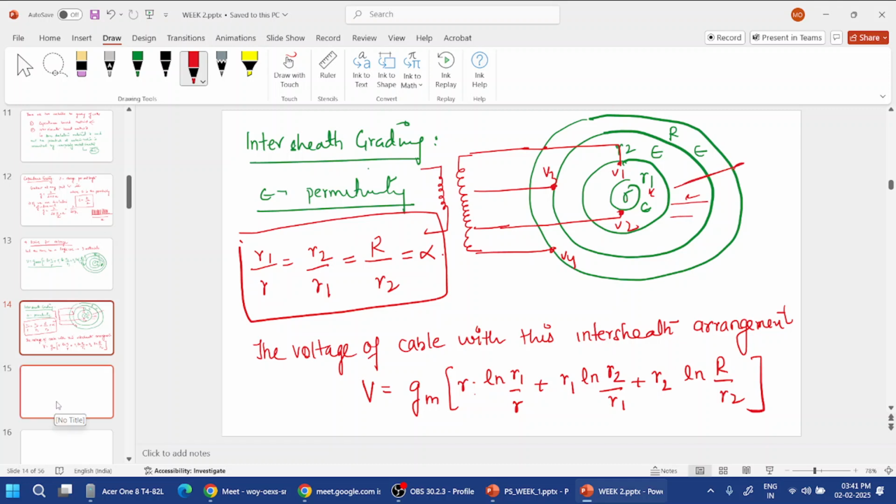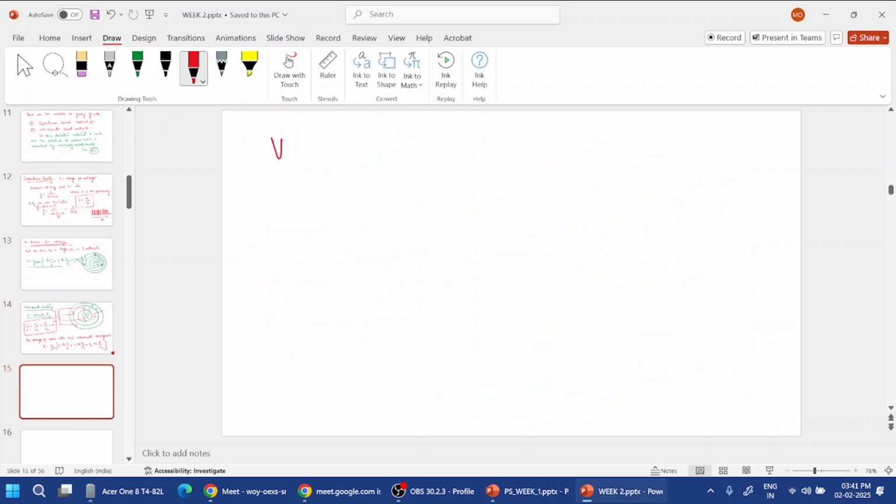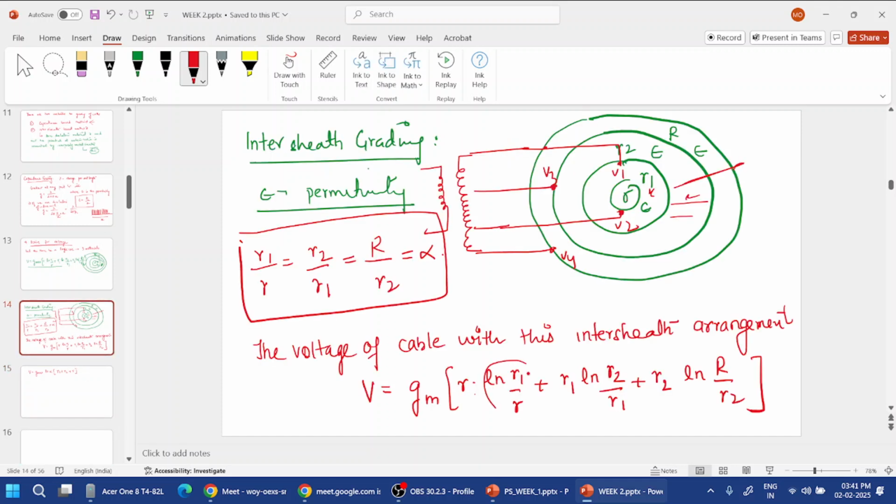But the thing here is that V is equal to G max times log of alpha, multiplied by r plus R1 plus R2. Why? Because we know that all three of these values are the same, since each is equal to alpha.